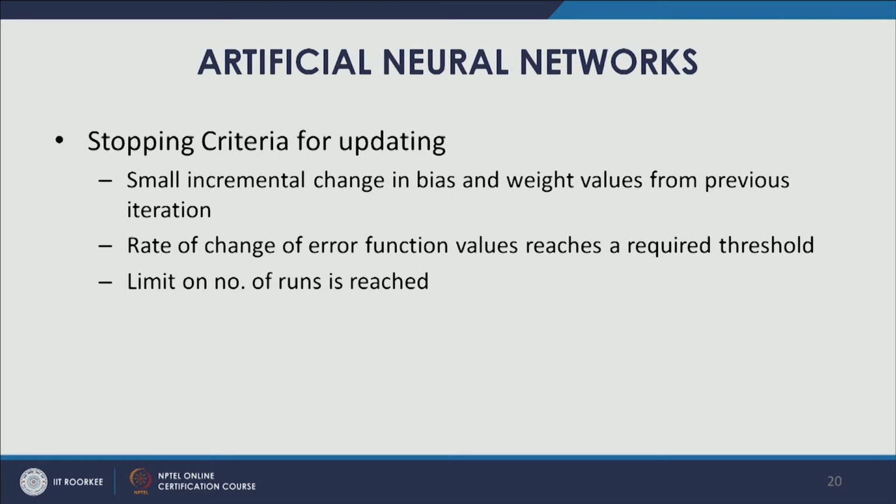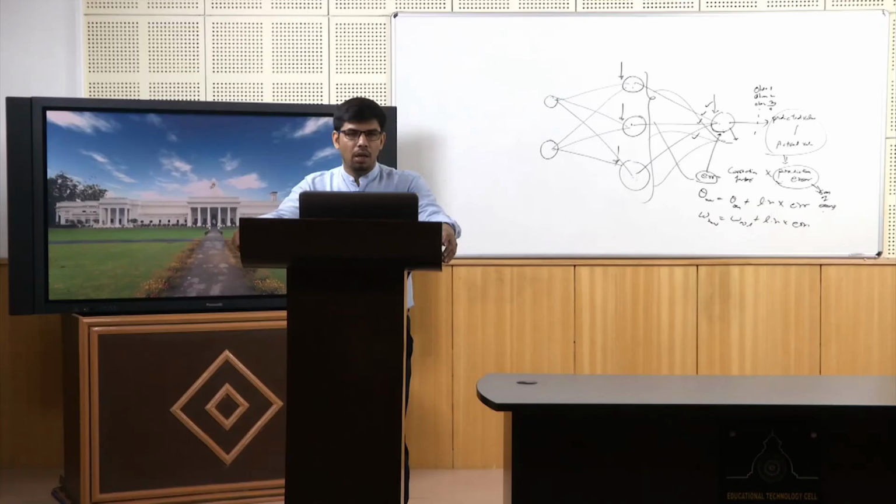Another stopping criterion could be the rate of change of error function values reaching a required threshold. This is about the overall performance of the model. Some error function could be used, for example SSE, to check the overall performance of the model.